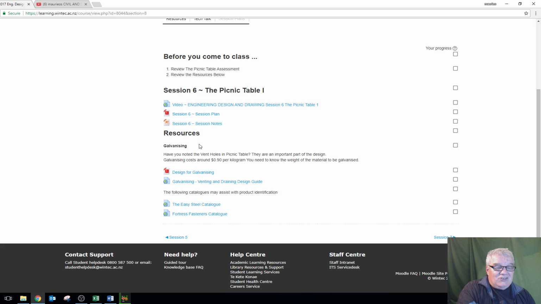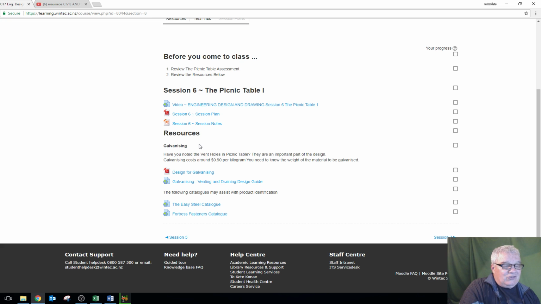I actually didn't know them myself when I first did this assignment, and it was pointed out to me by one of the trades tutors that there were little holes in the table that were for venting. When they're galvanized, it's quite a heat process, so there's a good chance that if you don't have vent holes, parts of the tubular steel will explode or cause big problems.